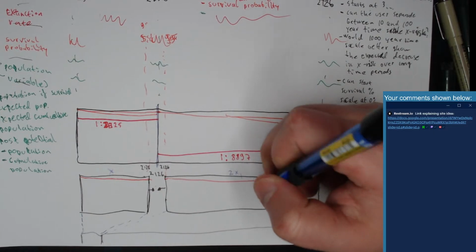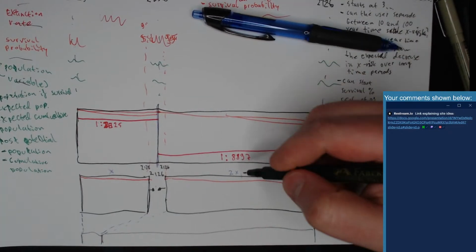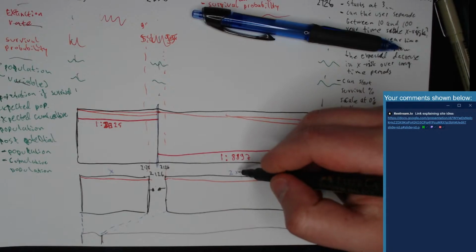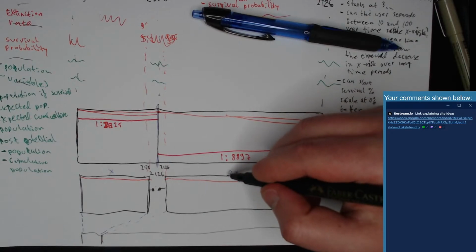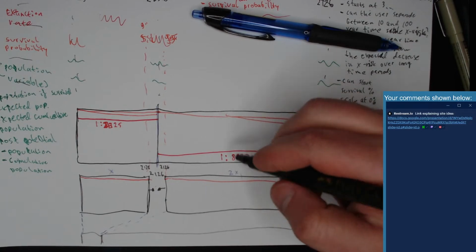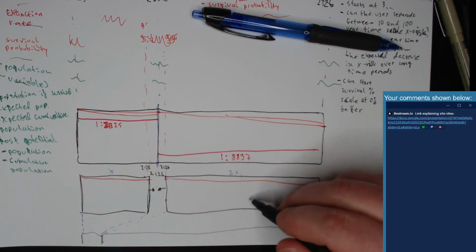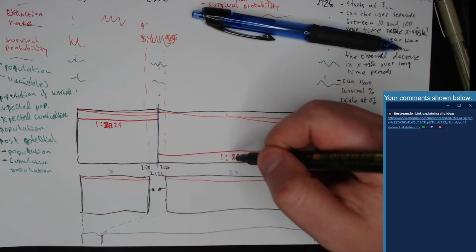Is it more confusing for the user to understand that this time period is actually 10 times, or actually 9 times, whatever, 9 times bigger, even if it visually looks like it's twice as big?